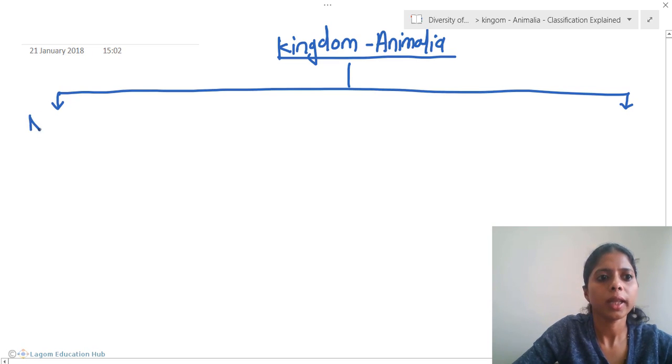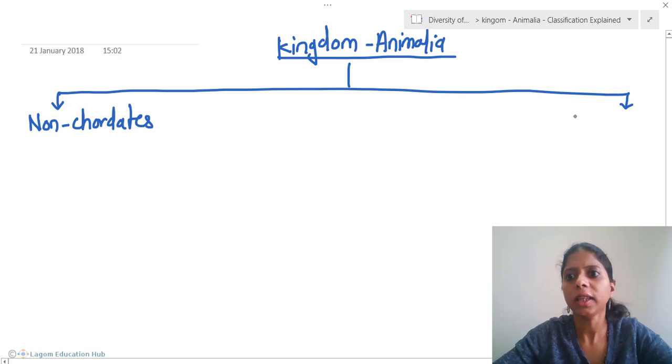So they are called non-chordates. On the other hand, another large group of animals are the animals having a notochord. They are called chordates.